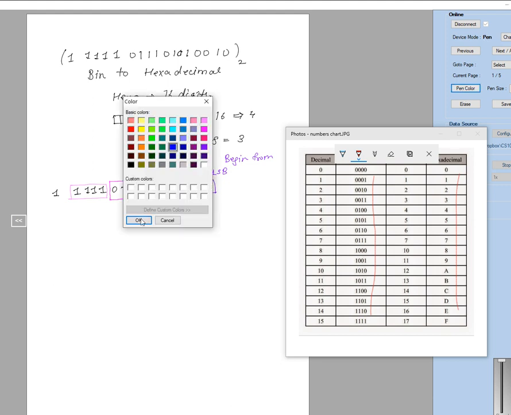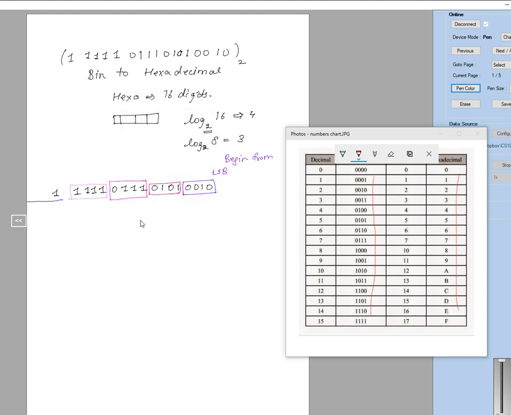Finally, I have the last group having only a single number, but for representation, I will just add 3 zeros. As I already said, adding zeros before a number makes no difference to the number. 1, 01, 001, 0001 are all the same.